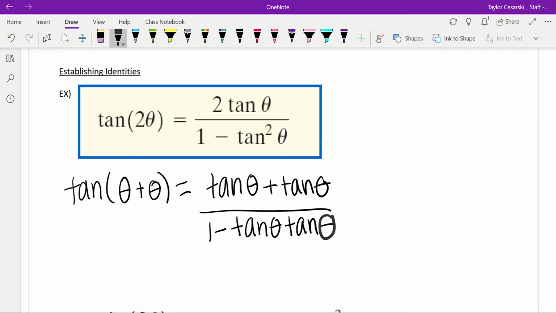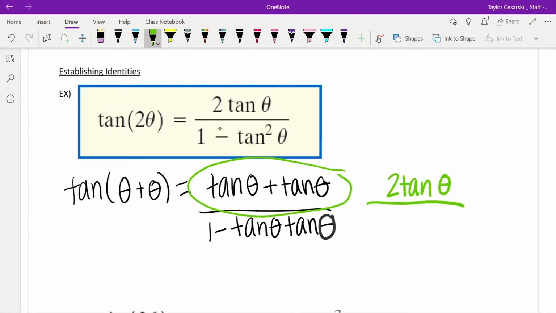Again, that is your sum identity for tangent: tangent of A plus tangent of B, over 1 minus tangent of A, tangent of B. We can simplify this. Up top, tangent of theta plus tangent of theta is just 2 tangent of theta, and on the bottom, tangent of theta times tangent of theta is 1 minus tangent squared of theta. So that checks out. That's just using what we did in the previous notes to prove this identity.